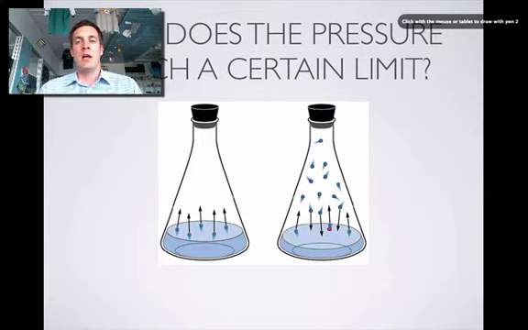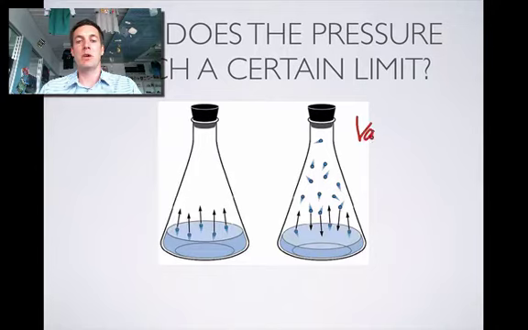Liquid particles will continue to evaporate, but particles will also continue to condense, and when these two processes reach a balanced state, which only depends on the temperature, okay, so the rate of these two processes only depends on the temperature and the type of liquid that you've got, they'll reach a pressure which is limited by the balance of the two rates of these processes, and we call that the equilibrium vapor pressure.